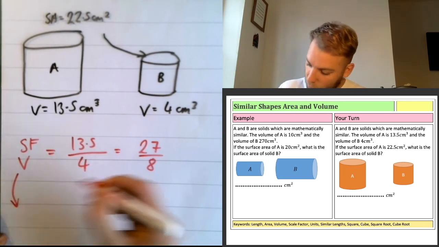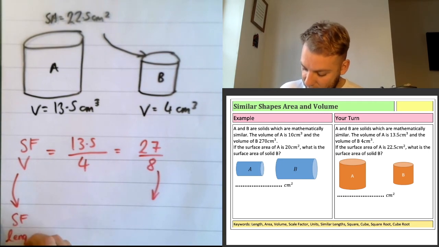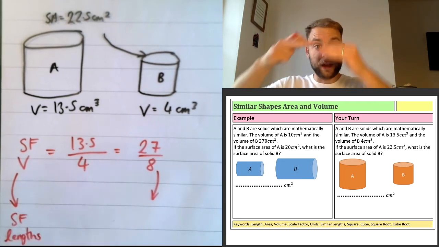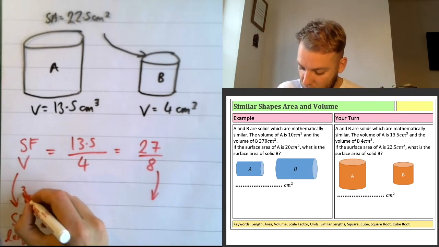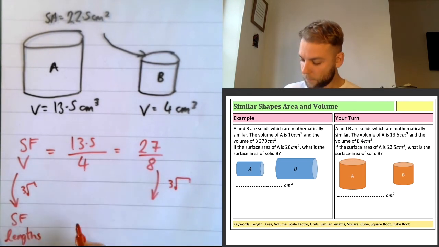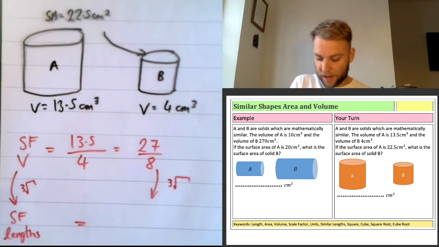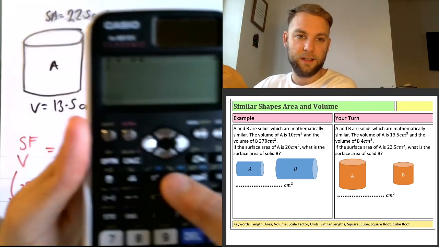So if I want to work out the scale factor for my lengths, I'm working backwards now. So the opposite of cubing is going to be the cube root. I'll show you how to type it in. So shift there, you see that?